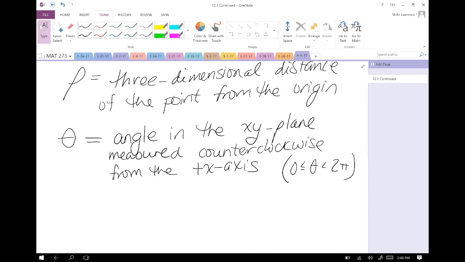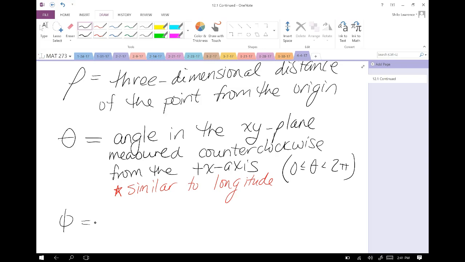The phi is the angle measured from the positive z-axis. So this is what's giving us our third dimension.